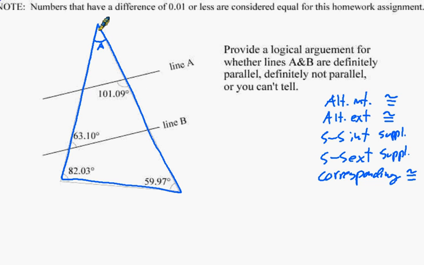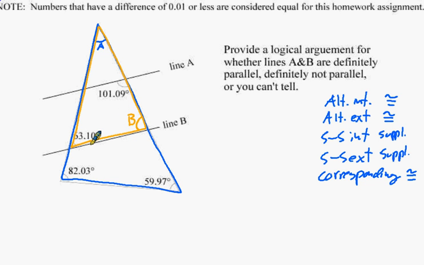And what I'm also seeing, I'll use a different color, here's another triangle right here, where once we get A, we'll know that one. We know the 63.1, and we should be able to get this angle B. Now this angle B is the same side interior to 101.09, which means that would give us enough to prove whether the lines are parallel or not.